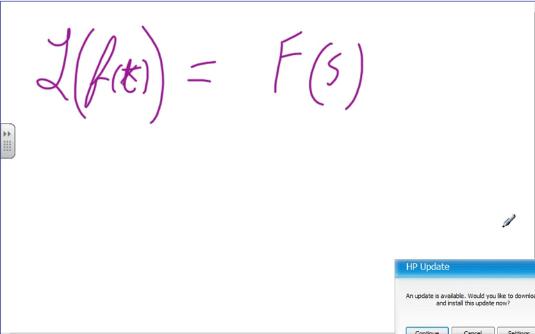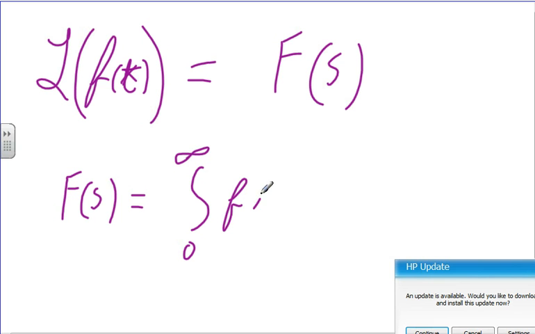I get f of s, capital F of s, and that's my Laplace transform. So this Laplace transform is going to be the integral from 0 to infinity of f of t times e to the minus st dt. That's how I'm going to get it. Isn't that cool?